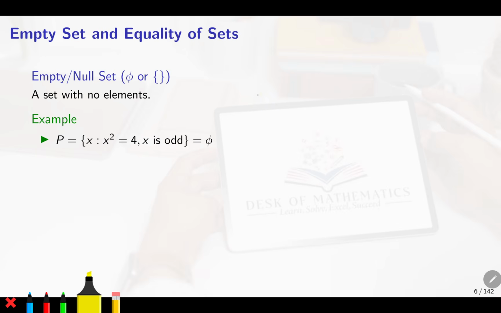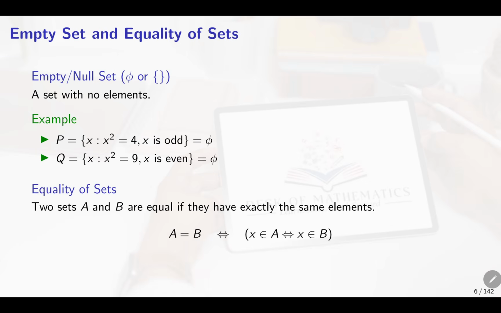You know that x can be either plus 2 or minus 2, but the condition says the element should be odd, so we do not have any odd number whose square is 4. So this is the empty set. Similarly, if you want a number whose square is 9 and it should be even, you know it is plus or minus 3, both are odd, so you will not get any even number, so this is empty.